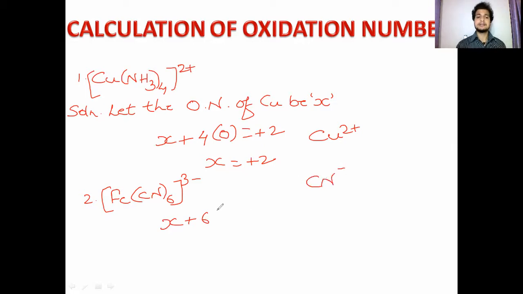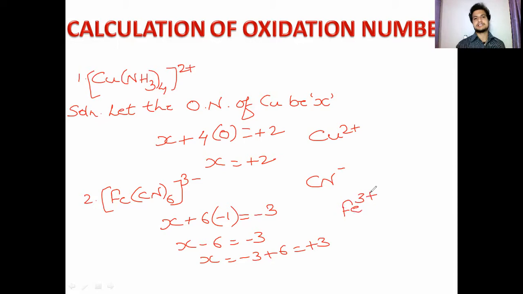So it is -1, equal to the total charge, -3. So X minus 6 will be equal to -3. X will be -3 plus 6, which will be +3. So iron is present as Fe3+, the ferric state of iron. That is how we calculate it.